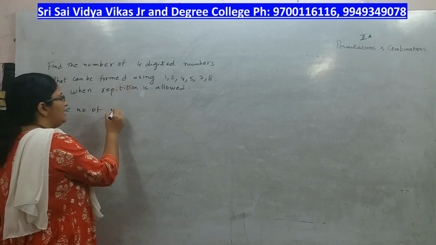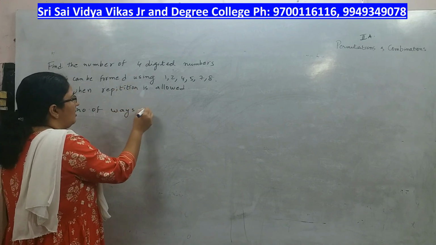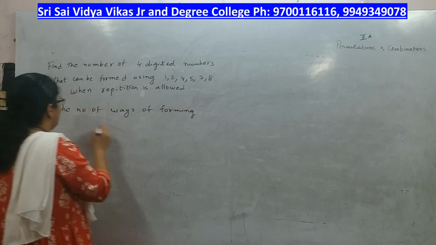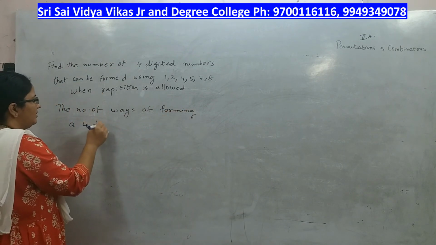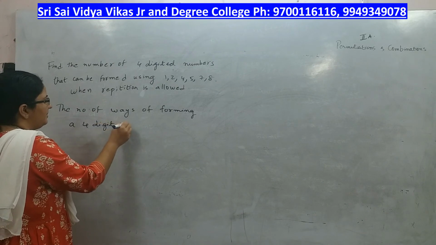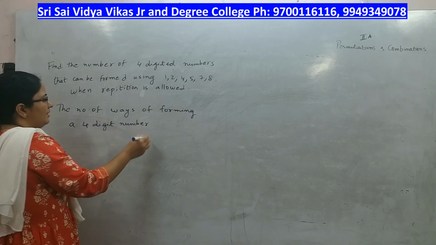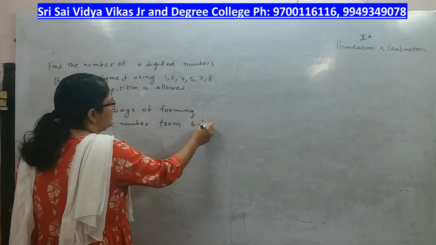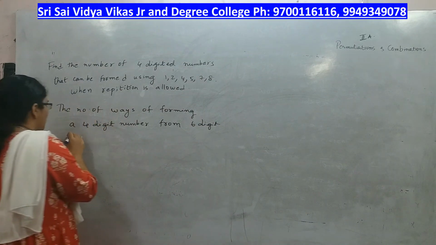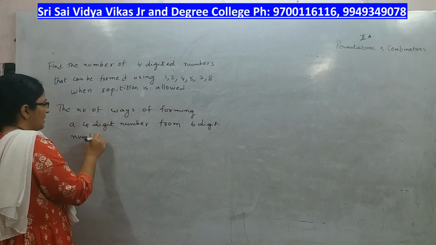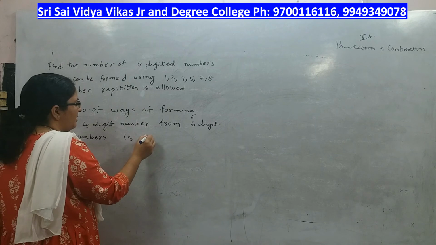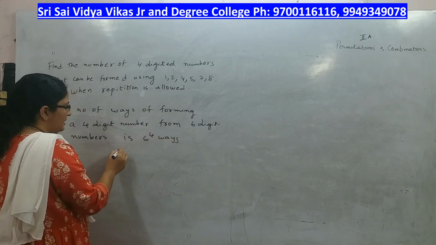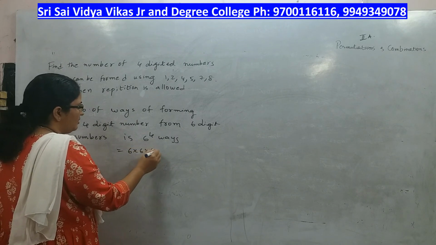The number of ways of forming a 4-digit number from 6 digits when repetition is allowed is 6 power 4 ways. That is 6 into 6 into 6 into 6.